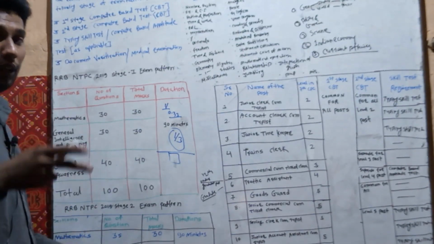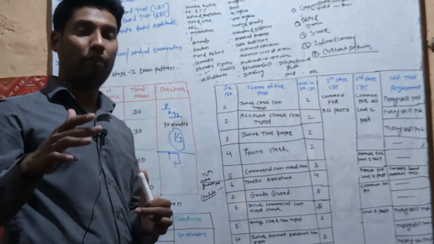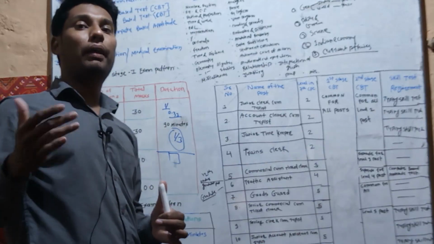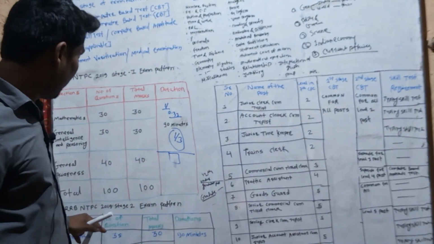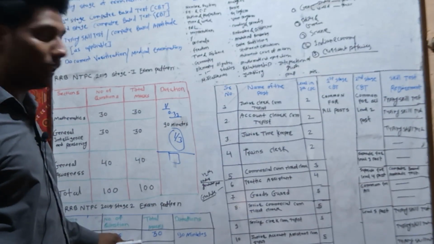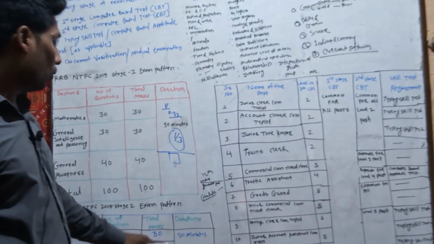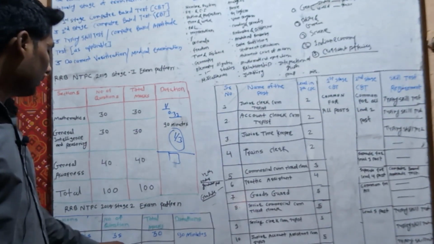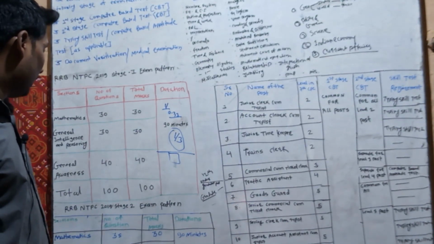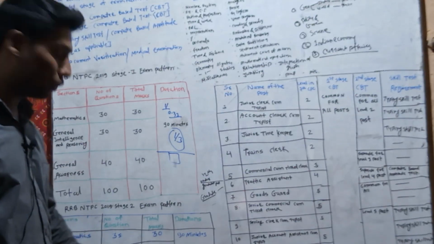After you qualify the first stage, you will appear for the second stage. In the second stage, mathematics has 35 questions. General intelligence and reasoning has 35 questions, 35 marks. General awareness has 50 questions, 50 marks.